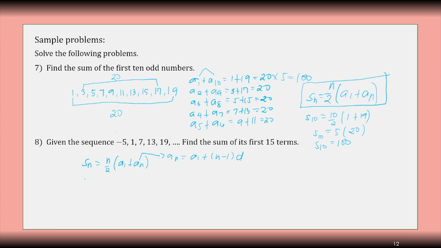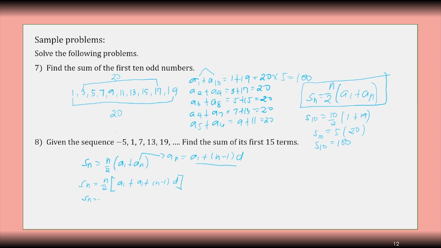So, substitute lang natin. S sub n is equals to n over 2 times A sub 1 plus, ano yung A sub n natin, ito, A sub 1 plus n minus 1 times the common difference.